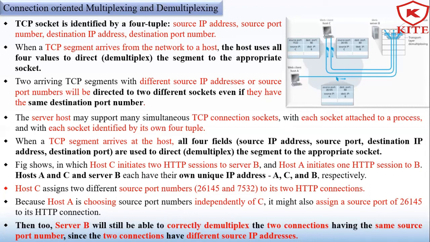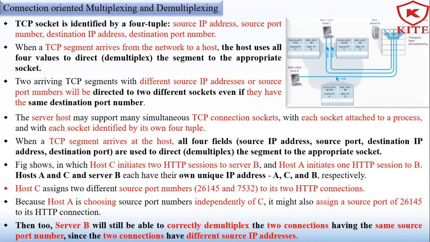Here, this figure shows host C initiating two HTTP sessions to server B, and host A initiating one HTTP session to B. Hosts A and C and server B each have their own unique IP address, respectively A, C, and B.